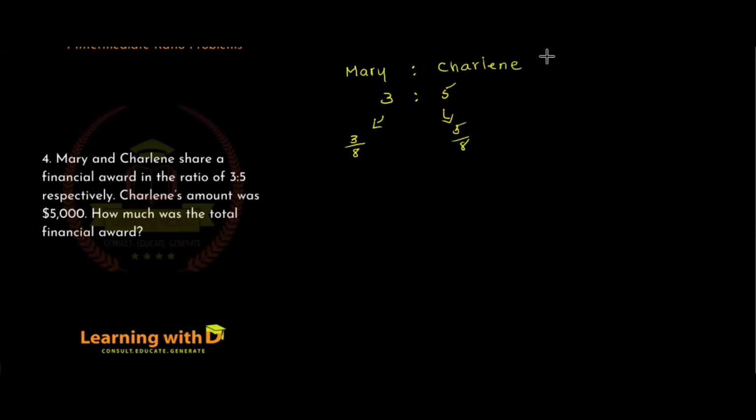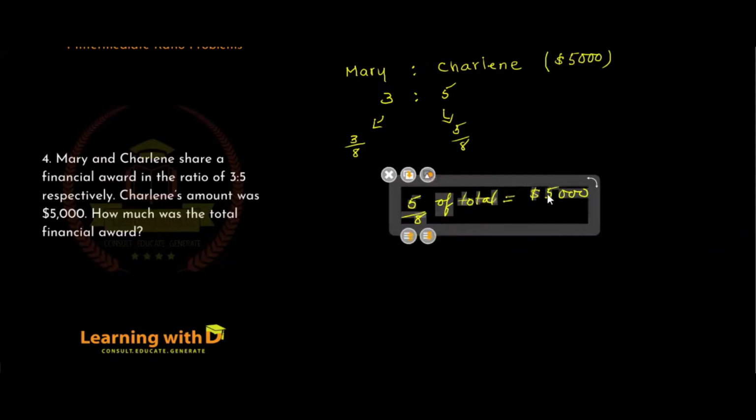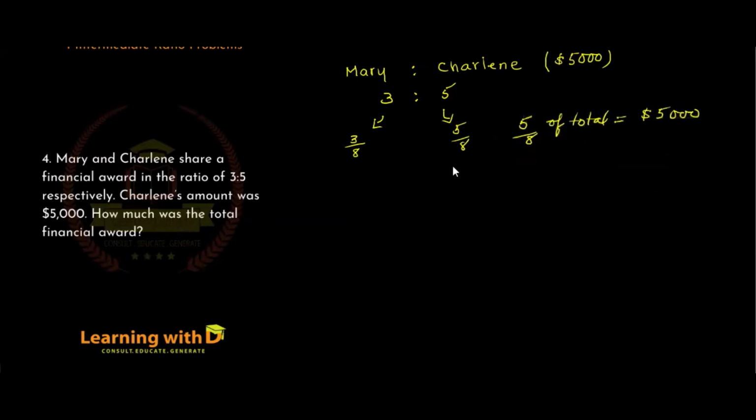We do know that Charlene, though, got $5,000. So what we do know then is that 5/8 of the total is equal to $5,000. Okay? So let's take this information that we have here and utilize it in solving this problem.